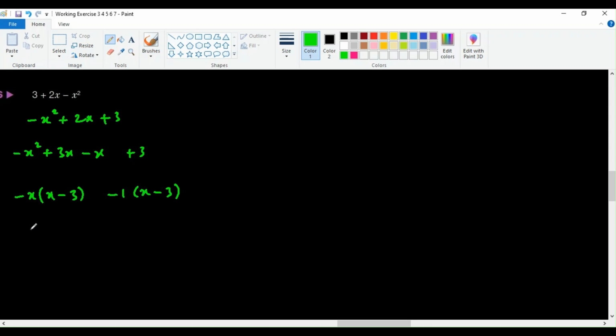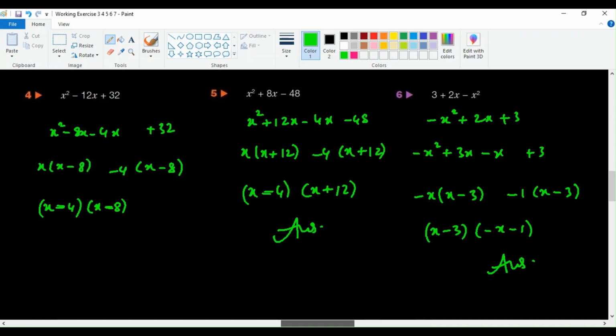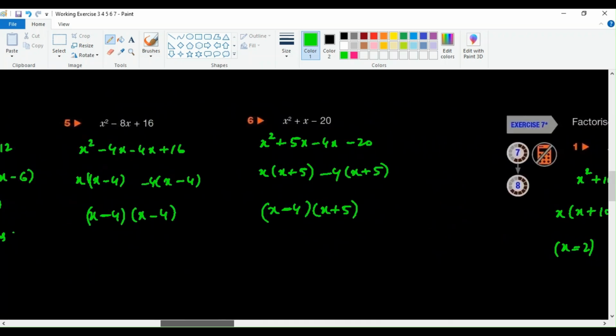So I will have x minus 3 in one bracket, and minus x minus 1 in another bracket. So this is the answer for the last question of this exercise and the video itself.